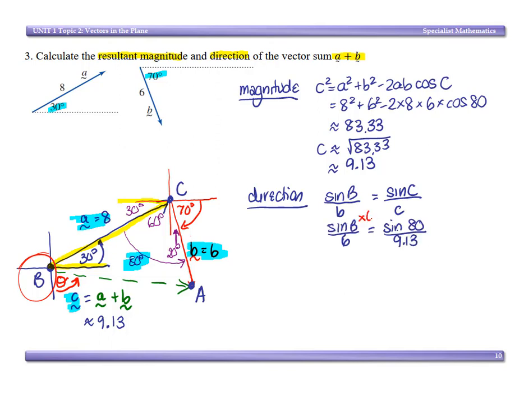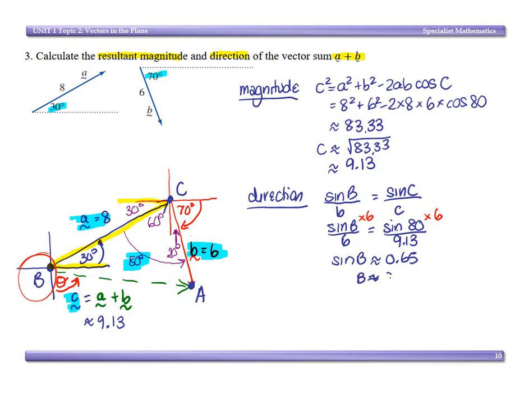So to get sine B on its own, multiply both sides by 6. So sine B is approximately 0.65. Make sure you're using your answer on your calculator. Don't just put 9.13 in there. We want to be as accurate as possible.